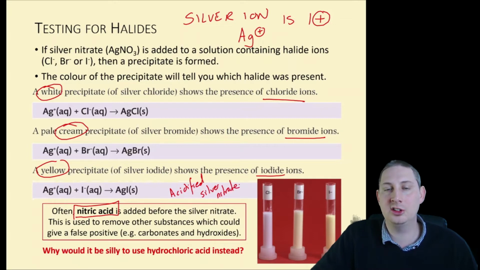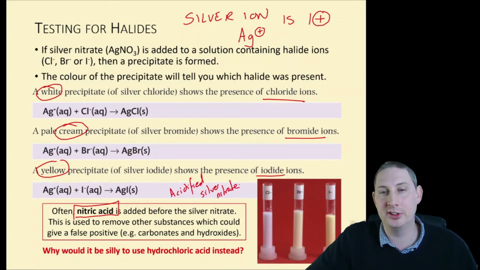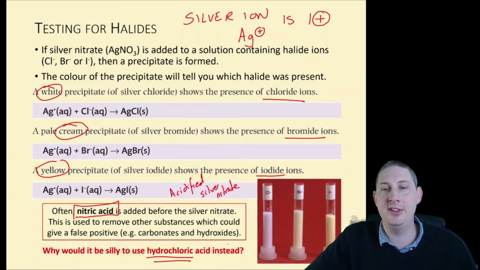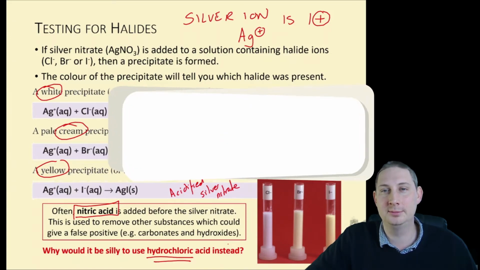And that is to stop hydroxides and carbonates giving a positive result in the test. A question for you to think about, I'm not going to tell you the answer, but why would it be silly to use hydrochloric acid in this test? And here is Mr. Reeves doing that test for you.